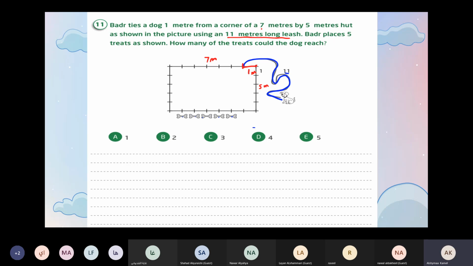So here we start from 1, 2, 3, 4, 5, 6, 7, 8, 9, 10, 11. His leash is 11 meters long, so he will stop here. How many treats will he reach? As you said, 4.